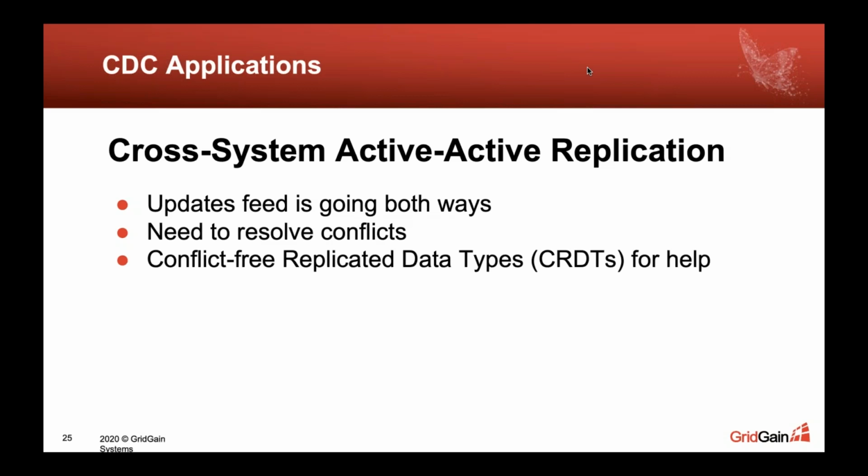And usually it's not a very simple task because conflict resolution depends on the business logic that you would have in your application. But usually there is an approach that may be suitable for a good portion of the use cases by default. The approach is called conflict-free replicated data types.